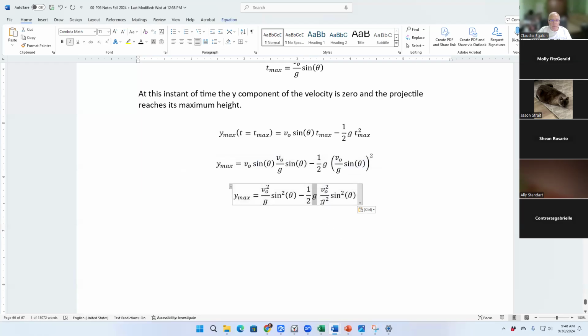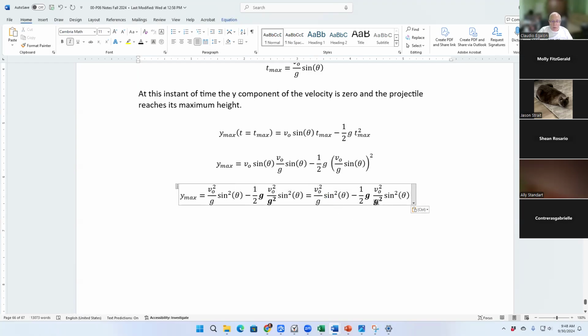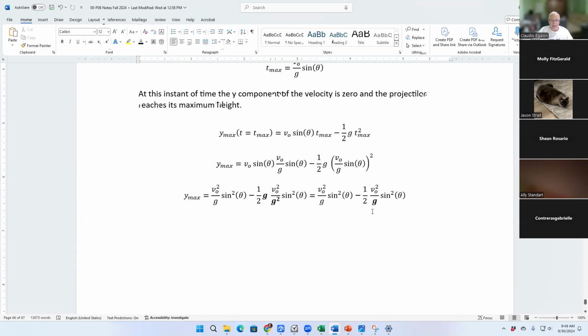And I'm going to simplify this G, right? I'm going to emphasize here, bold. And I will continue my derivation. Okay, this G cancels with the other G. No longer boldface.